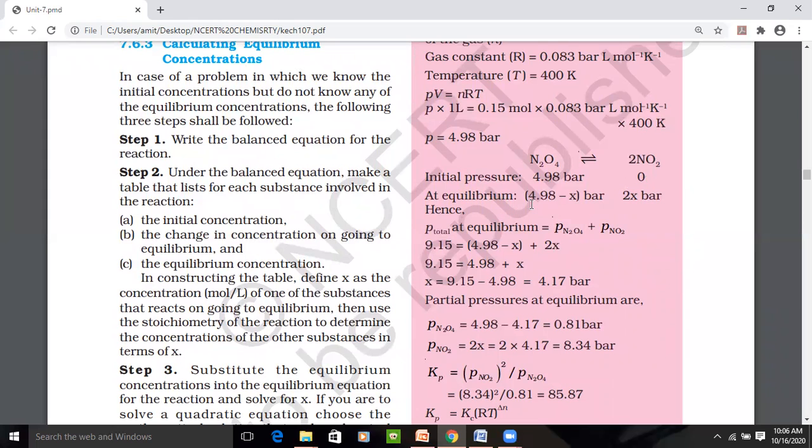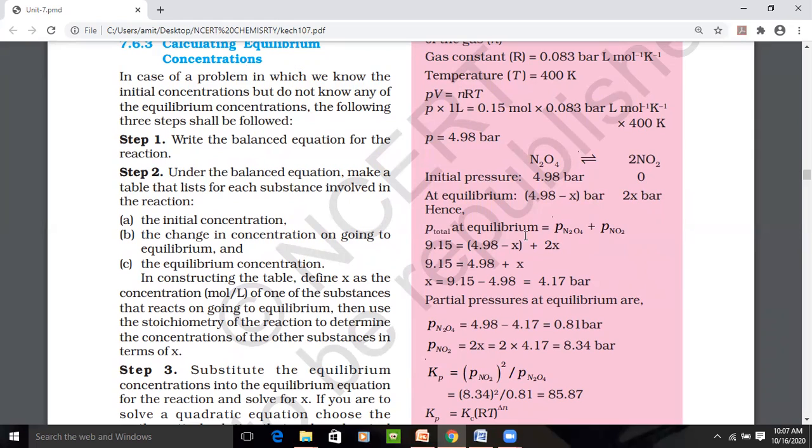At equilibrium, it is 4.98 minus x bar. x is the partial pressure we are substituting here, an assumed pressure. And if 2 moles of NO2 are formed, then 2x, double the pressure, so 2x bar at equilibrium.